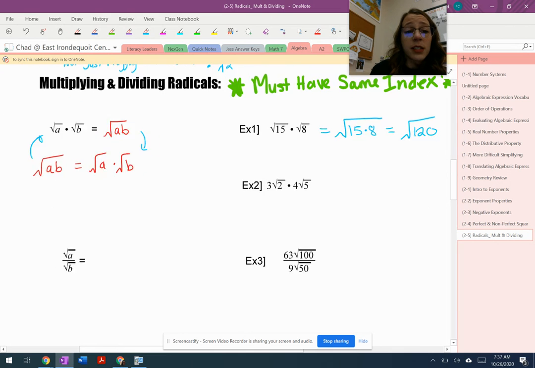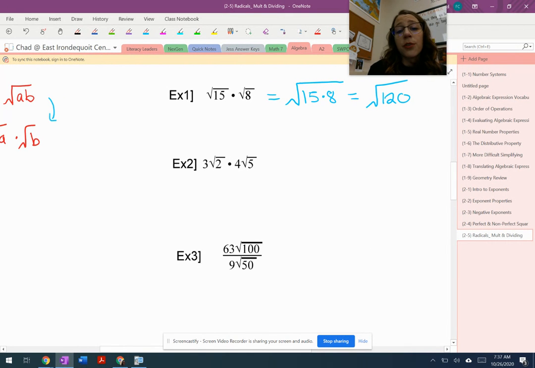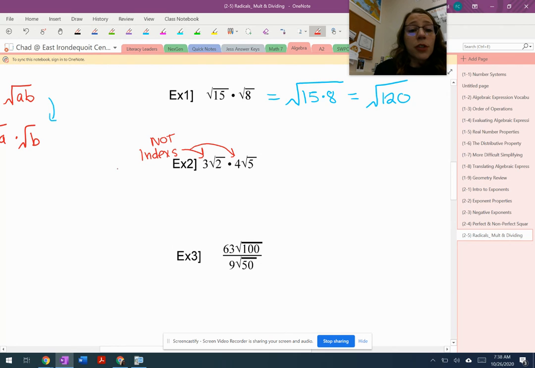So let's take a look at example 2. The difference between example 1 and example 2 is those coefficients, the 3 and that 4 on the outside being multiplied. The first thing we want to point out here is that this 3 and this 4 are not indexes. Those are just multiplication.